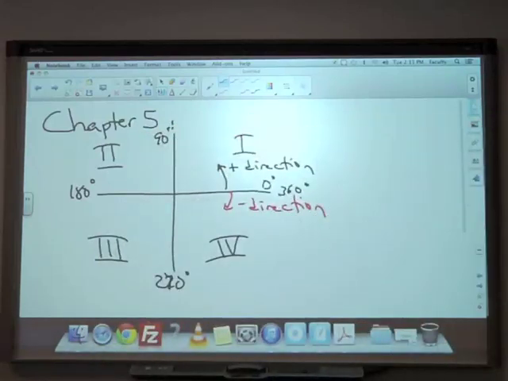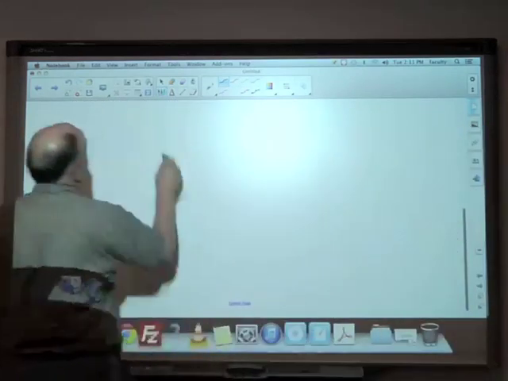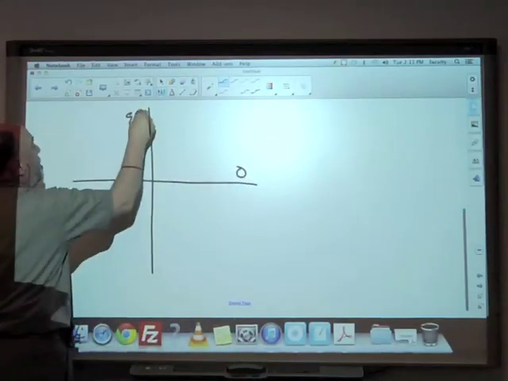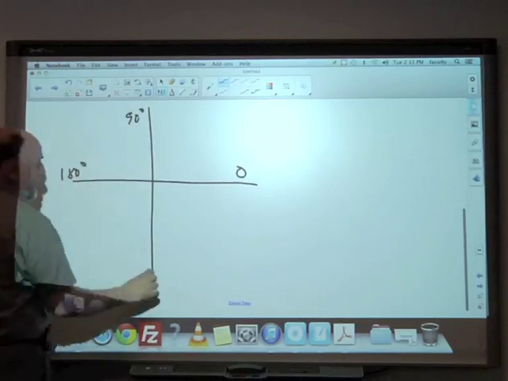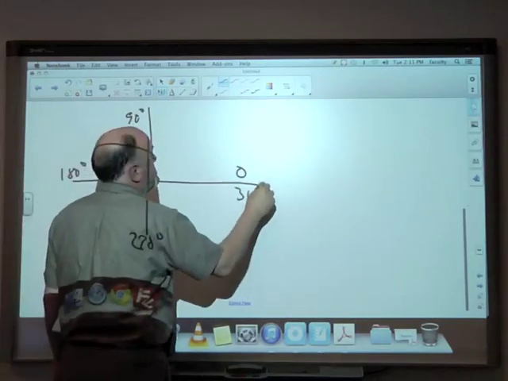In terms of angles, we can measure angles in degrees. You can also measure angles in terms of radians. So in regards to radians, let's redo this. 0, 90, 180, 270, 360.